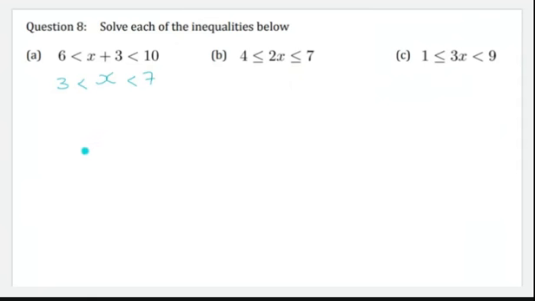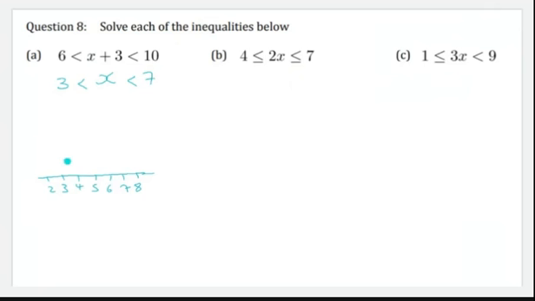And the inequality number line would look like this. So we put a 3 here, 4, 5, 6, 7. Let's just put some other numbers and so on.